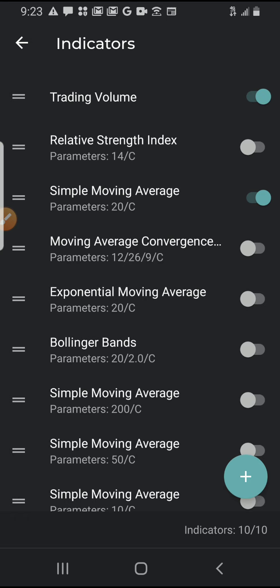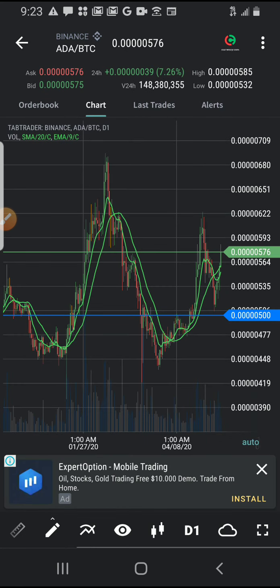Trading volume helps us to know the amount of money that is being pushed into the market for that coin, for people buying that coin. If the demand is too much, people will start pushing money, the volume of the coin will start going up. Now this is where you see the volume.